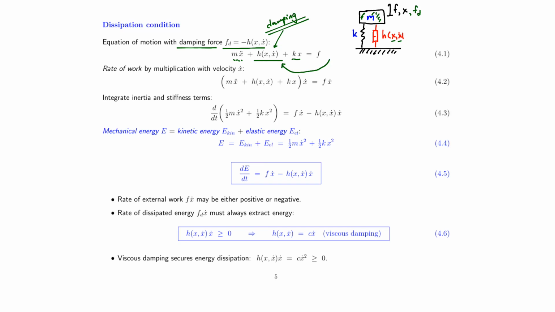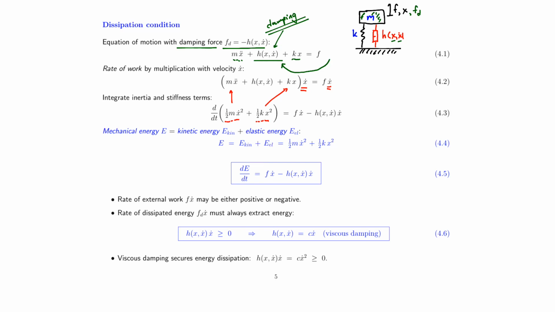We would like to associate damping with the dissipation of energy. Therefore, it is convenient to transform our force equation of motion for 1 into an energy-based equation of motion. And we do that by multiplying on both sides with velocity. And then we recognize that the derivative of kinetic energy will be mass times acceleration times velocity, while the differentiation of elastic energy provides us with k times displacement times velocity.